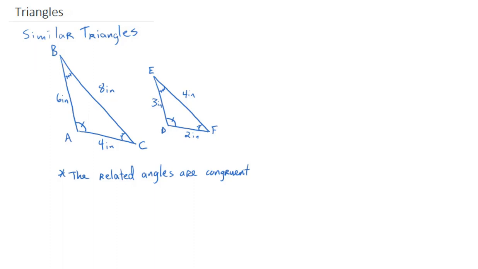Alright, so the second thing that's happening is that the sides are related proportionally. I try to make this one really obvious so you can see what's happening, but the ratio here is a half. So 6 and 3 are related because 3 is half of 6. If we have that relationship there, it has to be the same relationship for all the sides.